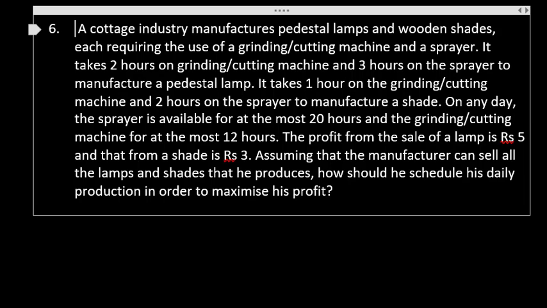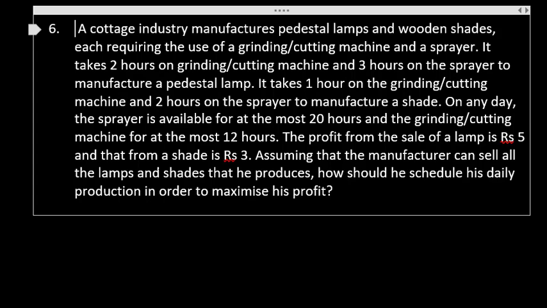On any day, the sprayer is available for at most 20 hours and grinding cutting machine at most 12 hours. The profit from the sale of lamp is Rs 5 and that from the shade is Rs 3. Assuming that the manufacturer can sell all the lamp and shades that he produces, how should he schedule his daily production in order to maximize his profit?